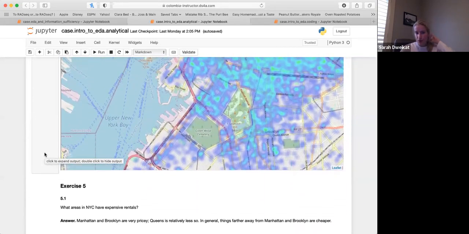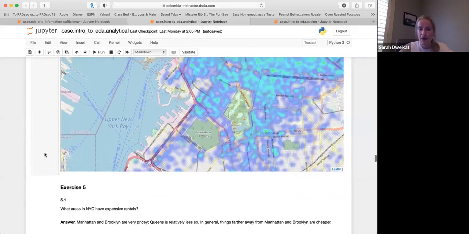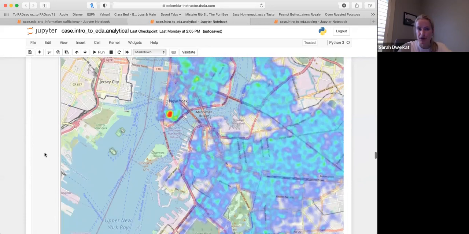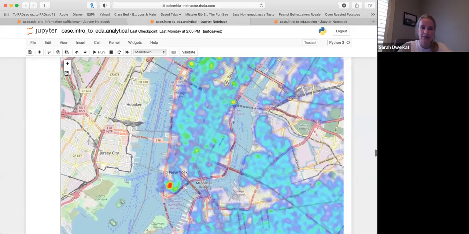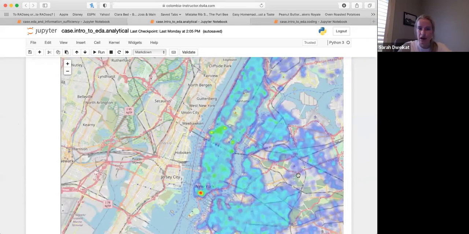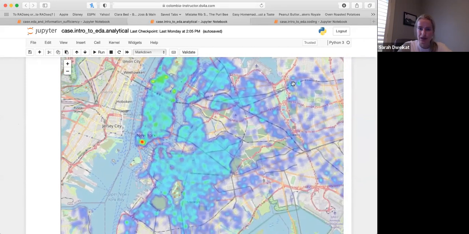So we see that Manhattan and Brooklyn are pretty pricey, and then as you get farther away, it gets cheaper. As you get out farther, you can see that things get cheaper on the perimeter.